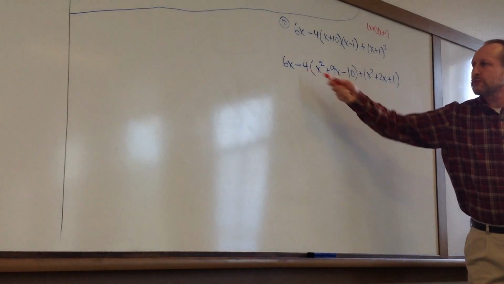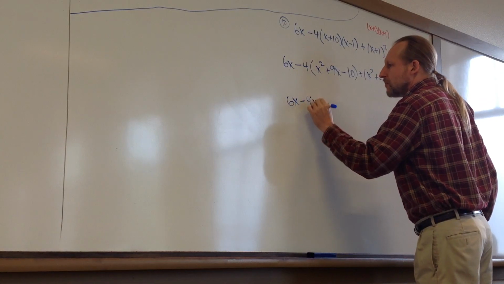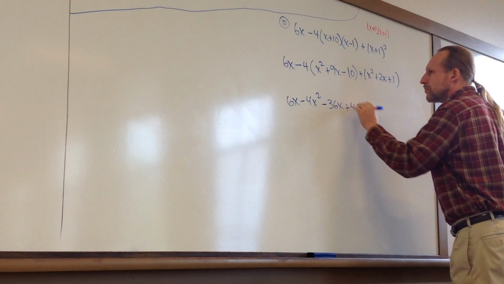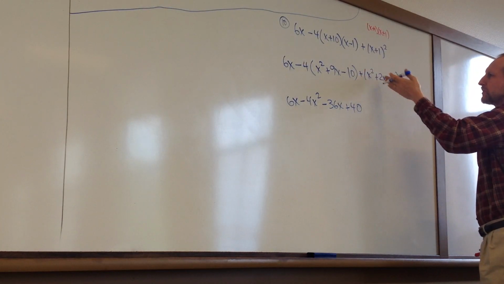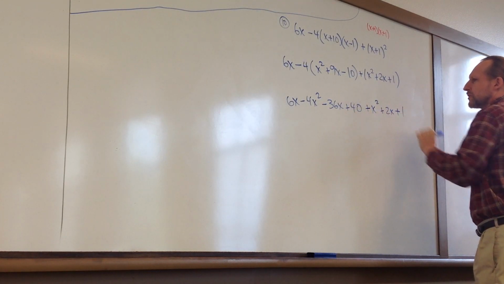And now we just need to distribute the 4 inside these parentheses. So we'll get 6x minus 4x squared minus 36x plus 40. And then because this is just a positive sign or a positive 1, we'll come out of there with x squared plus 2x plus 1.